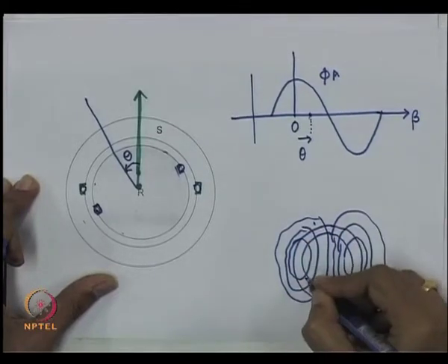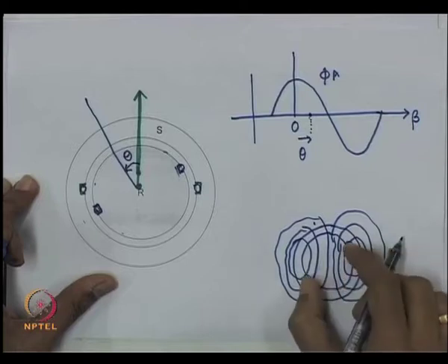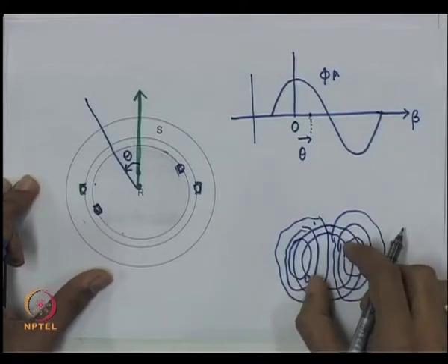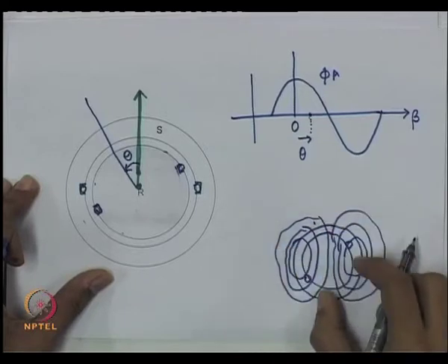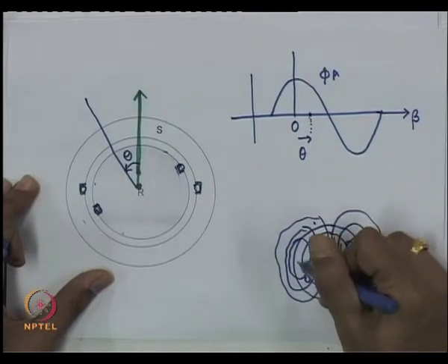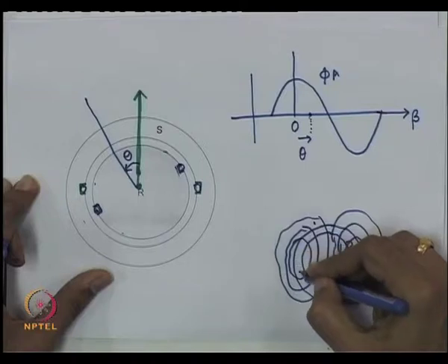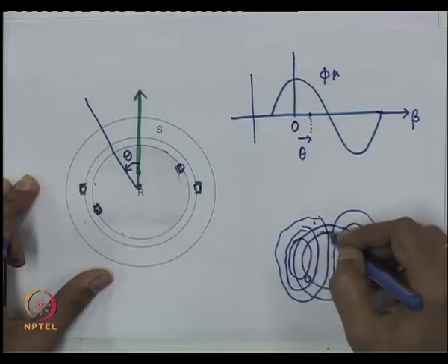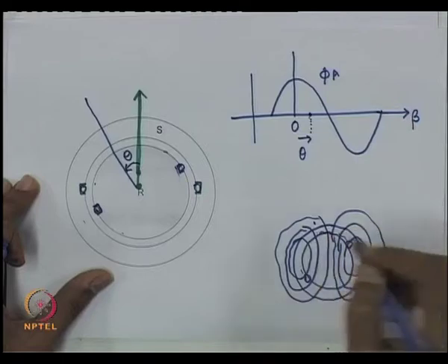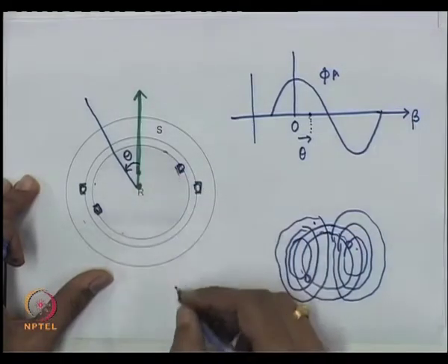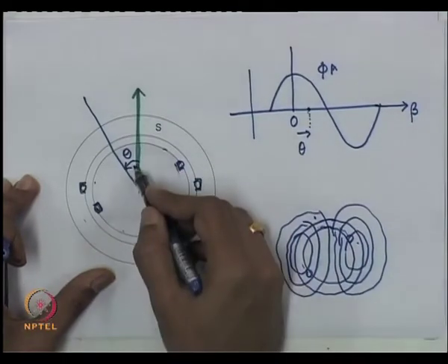Now, if you have a coil aligned at theta, how much of the flux will actually get linked with it? You will have to compute the flux density and integrate it over this whole area. You can imagine that it is going to be dependent upon this theta.